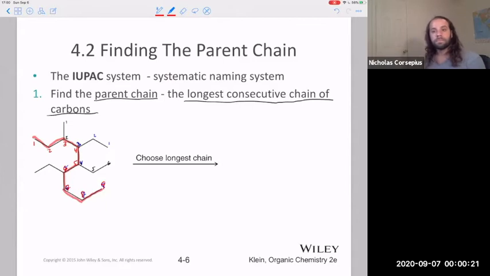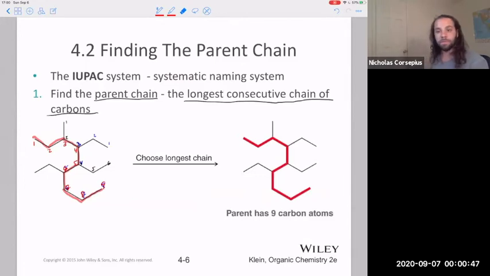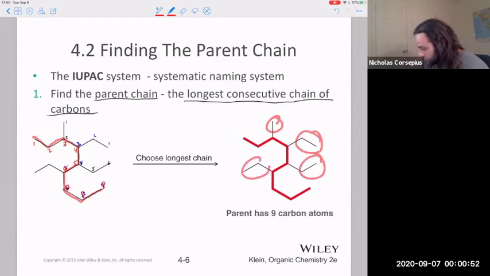Okay, notice that I can't go 1, 2, 3, oops, 4, 5, 6, and then jump back over here, 7, 8, because that wouldn't be continuous, right? So your goal is to find the longest continuous set of carbon atoms in a molecule. So again, our parent chain for this one would contain 9 atoms, okay? These guys off the side of your parent chain, these are the substituents.